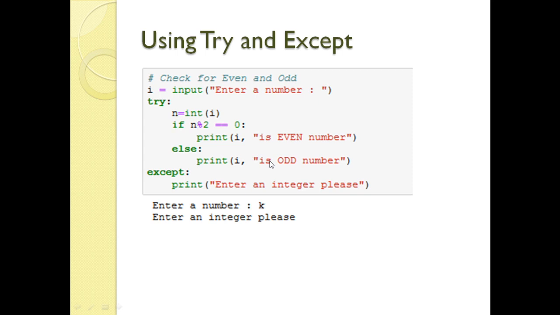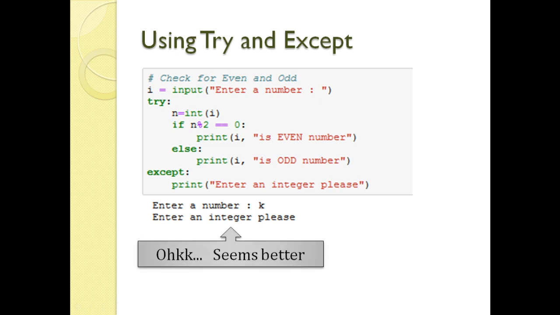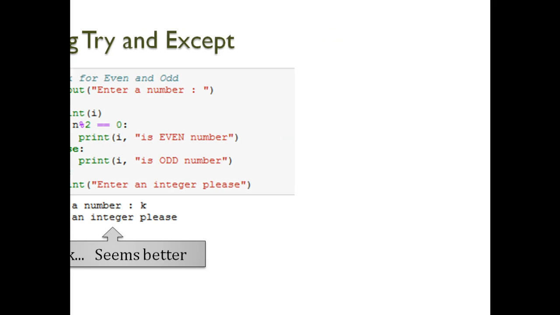Otherwise, give a message to the user, which is "enter an integer please", meaning the value you have entered is not an integer. This error message is shown using the except block. This example clearly shows a message and seems better than the previous one.